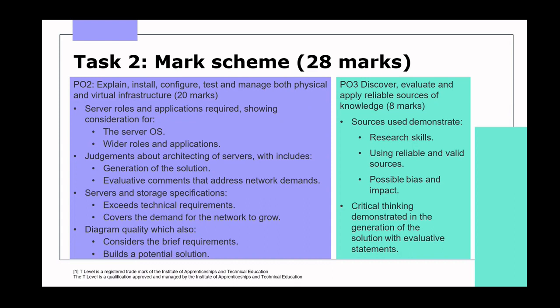And then likewise with that third bullet point, also in performance outcome 2, the server and storage specifications should exceed the functional and non-functional technical requirements, so their solution covers the demand for the network to grow. So making sure they're thinking along those ways. And then performance outcome 3 is all about the sources of information they've used, whether they're reliable, valid, any potential bias in them.